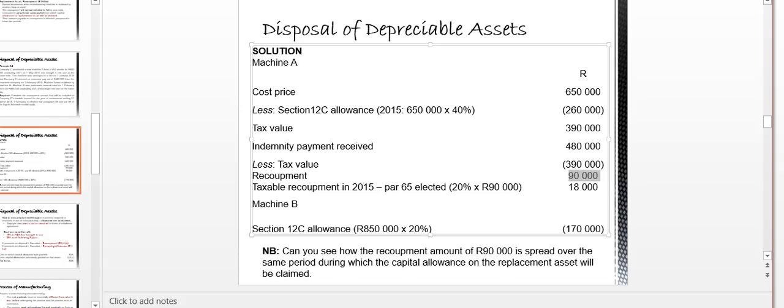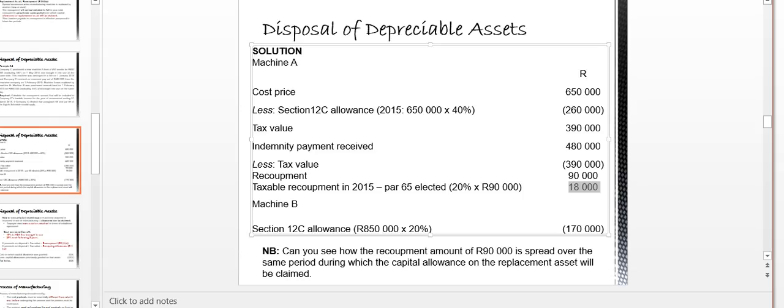But paragraph 65, which we'll also deal with at a later stage, states that on this recoupment you qualify for a 20% taxable recoupment during the current year of assessment, and the rest you may then spread over the remaining 5-year period. So in the 2015 year of assessment, this company qualifies for a taxable recoupment of 18,000 Rand.